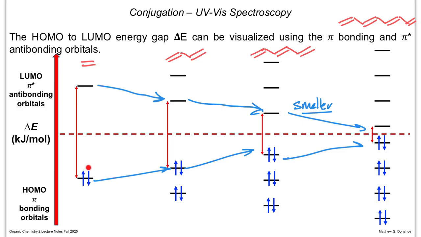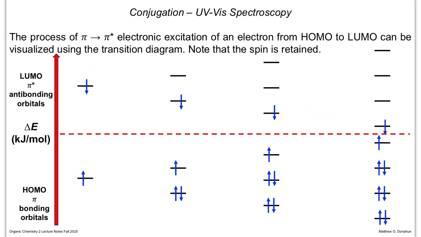See how this pair of electrons is spin paired? We have one up, one down. So when the molecule absorbs that energy, that electron gets promoted and the spin is conserved.